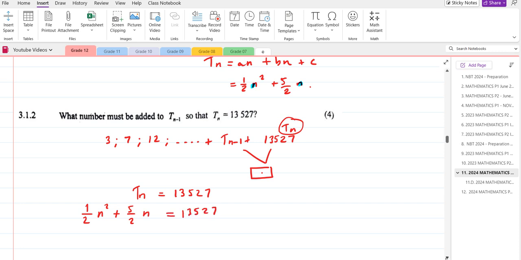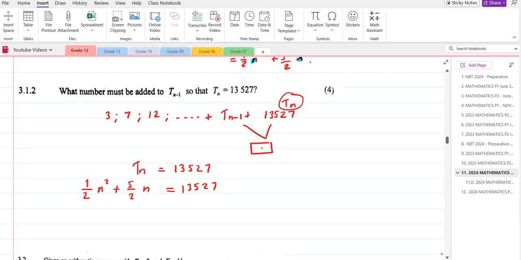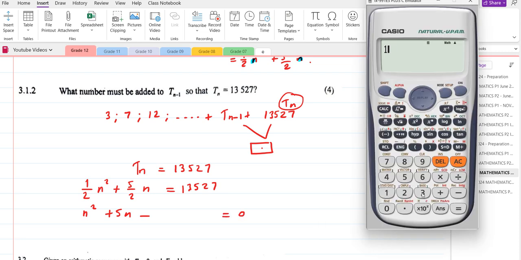Now I'm going to multiply this entire equation by 2. So I will get n squared plus 5n minus, remember I need to multiply this by 2, 13,527 times 2. I've got an answer of 27,054.